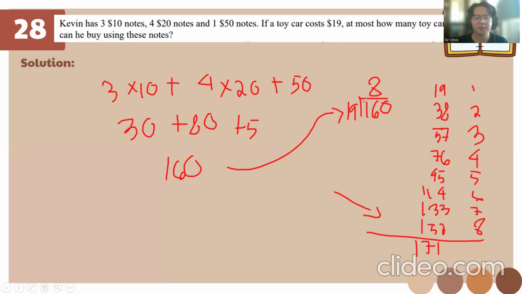Check answer in 27. So questions for this one before we go to 29.